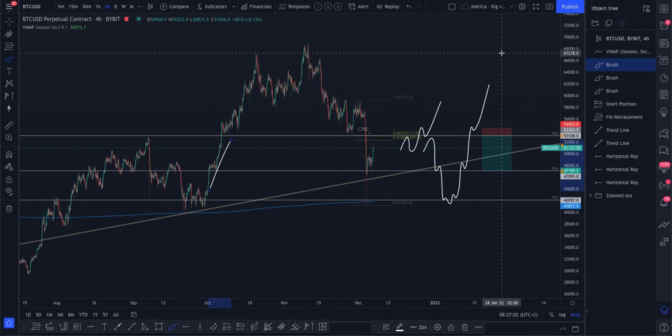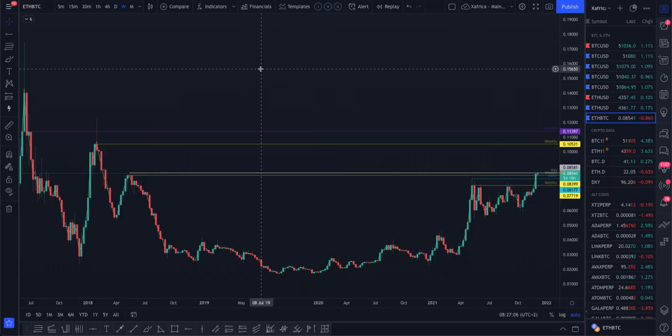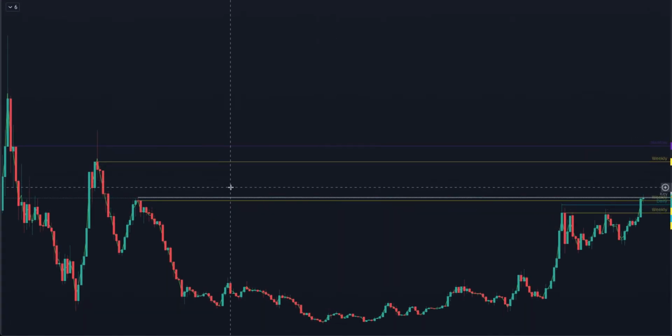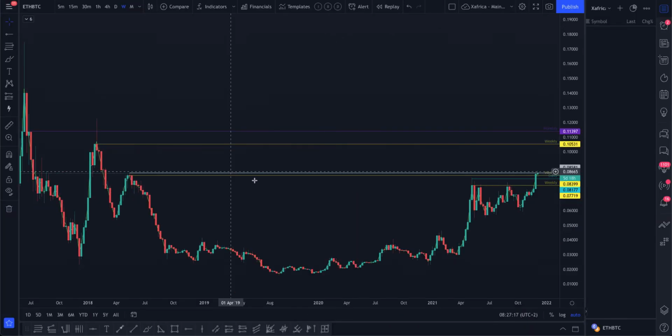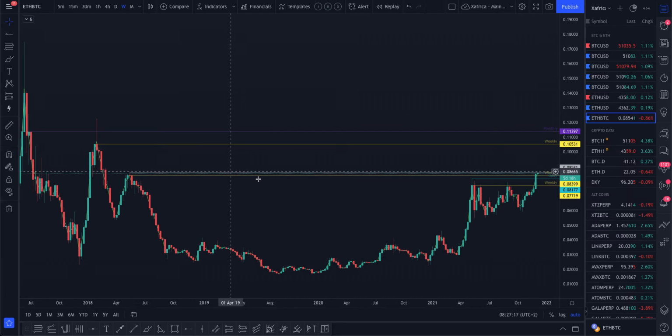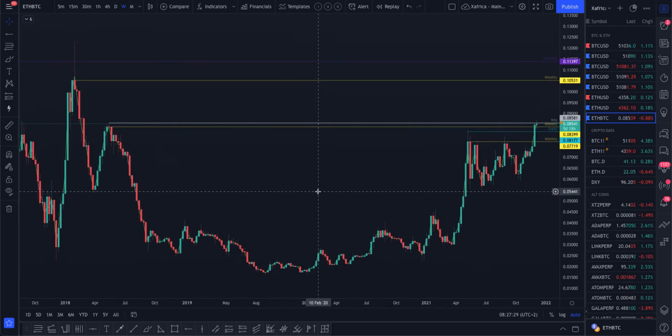Just my views on the market now, and I just want to go to Ethereum, the Ethereum BTC pair, because I think this is significant for the future of the altcoins, the short-term future, the next month or two. The yellow line is a key level according to many analysts, and then I decided to mark that high that we had there as a key level.